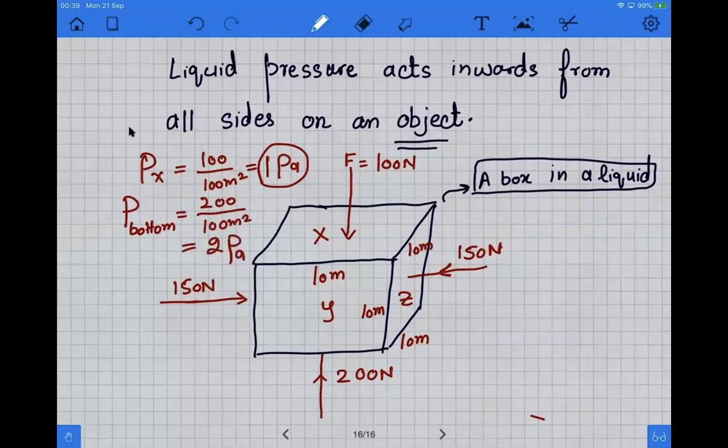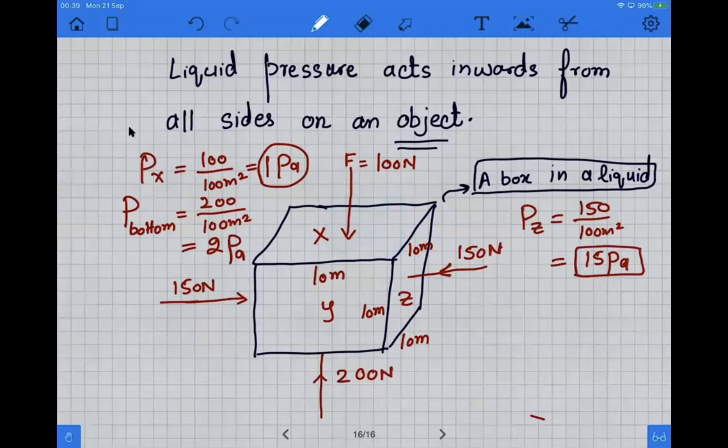And pressure on side Z is equal to 150 over 100 meters square, it is 1.5 Pascal. The values are just for understanding.